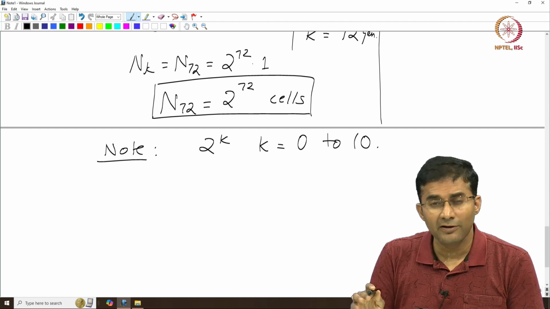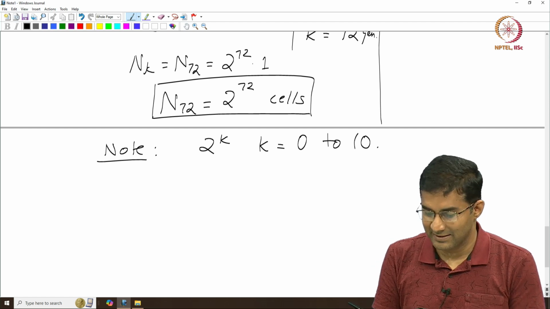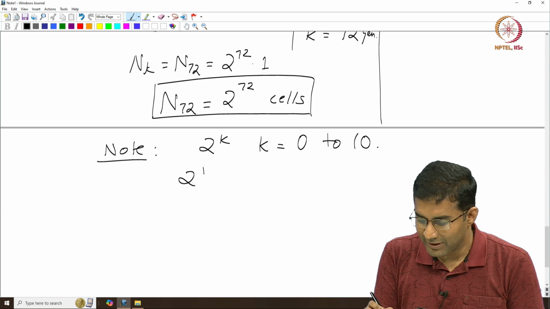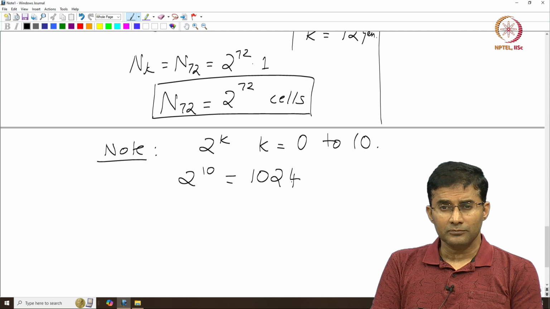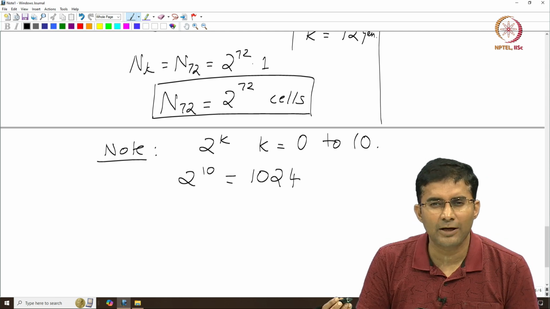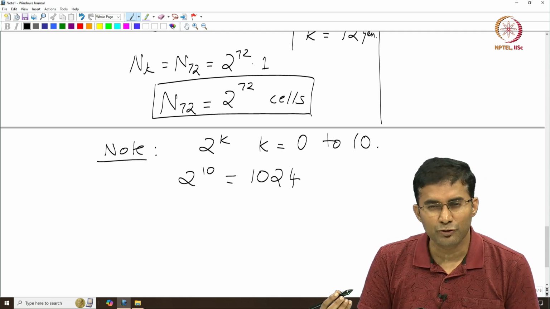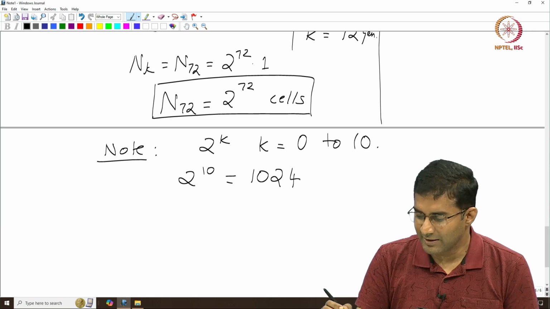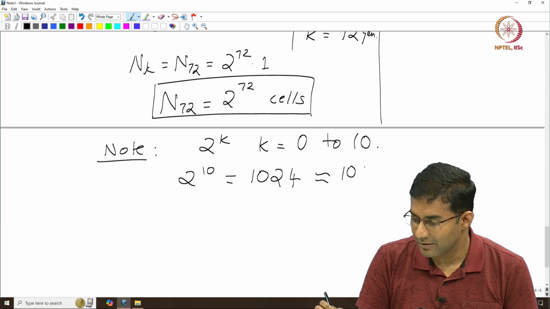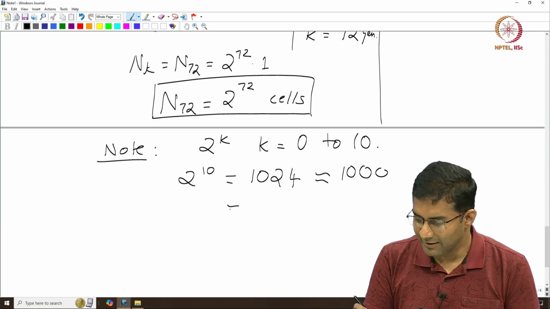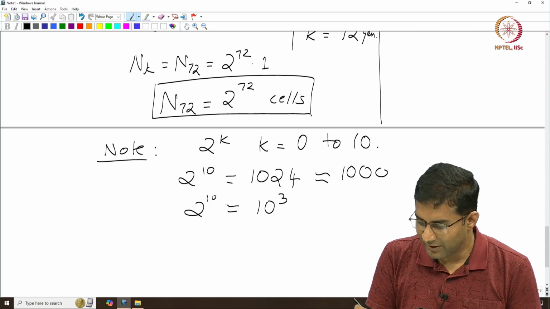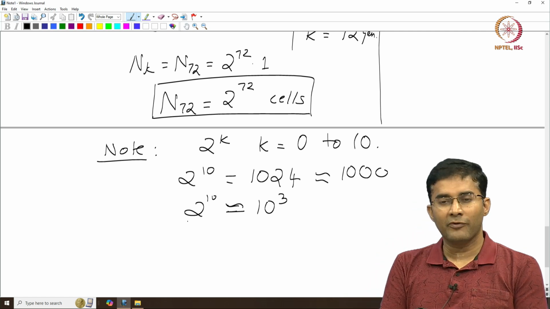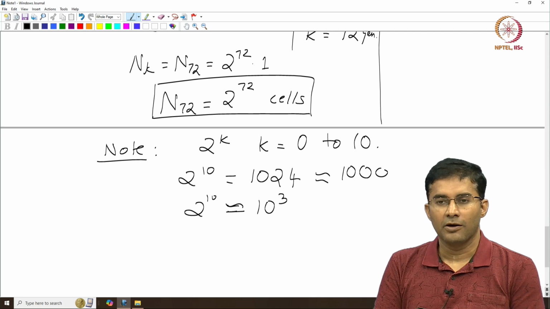I will leave that as an exercise to you, but note that 2 power 10 is equal to 1024, which is approximately 1000, and we can write 1000 as 10 power 3. So we can approximately treat 2 power 10 as 10 power 3.